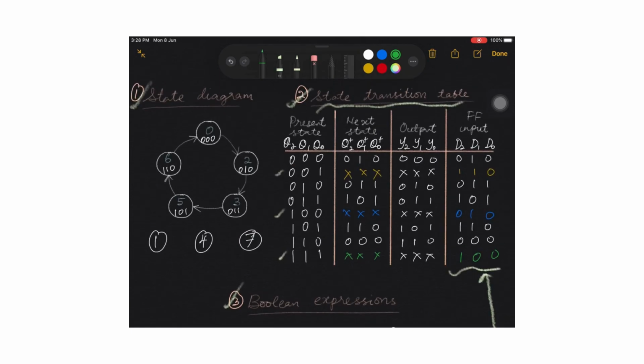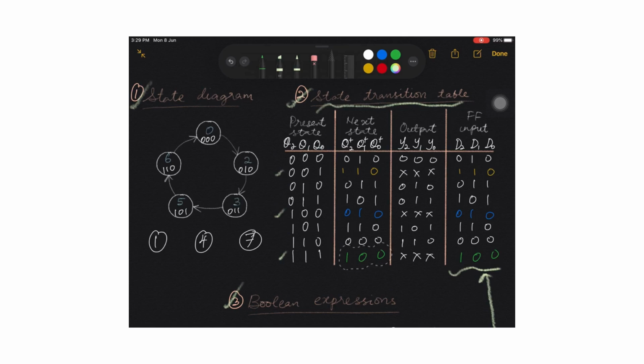These updated values can be transferred to the next state column, because this is the D flip-flop, and the D flip-flop input is equal to the next state. So we just copy all of the updated values. Now we have updated our next state column.